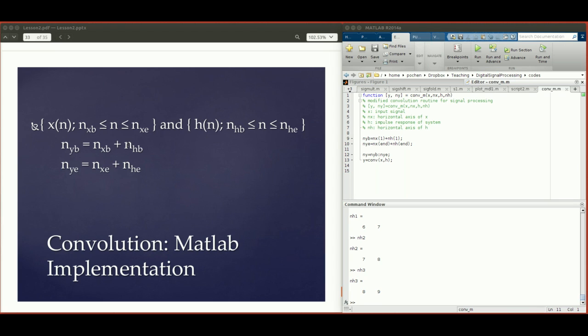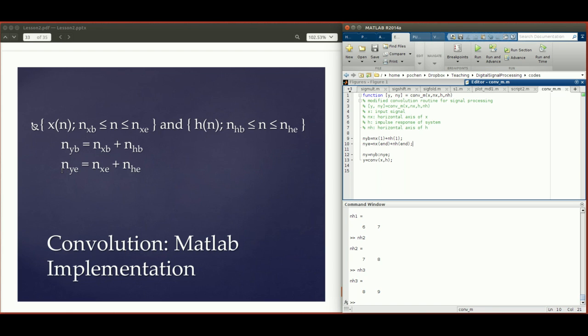So this slide is basically just summarizing these 2 lines of code. x[n], the input signal, has a range of xb to xe, and the impulse response has a range that goes from hb to he. Then the output y is going to have a range that goes from nyb to nye, and nyb is just the summation of the starting index of the input signal and the starting index of the impulse response.